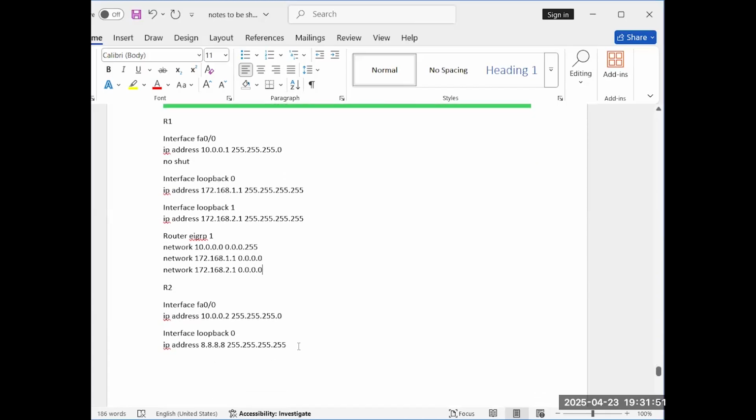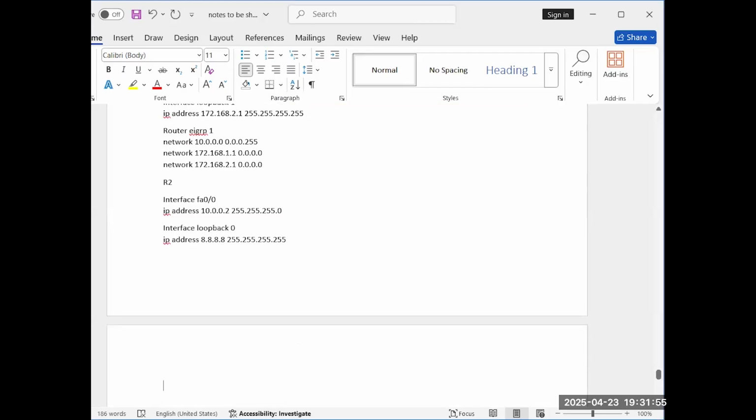On the R2, similarly, we are going to configure router EIGRP 1. The same autonomous system number should be given on the R2 router to establish neighborship. We have seen certain criteria to form neighborship.